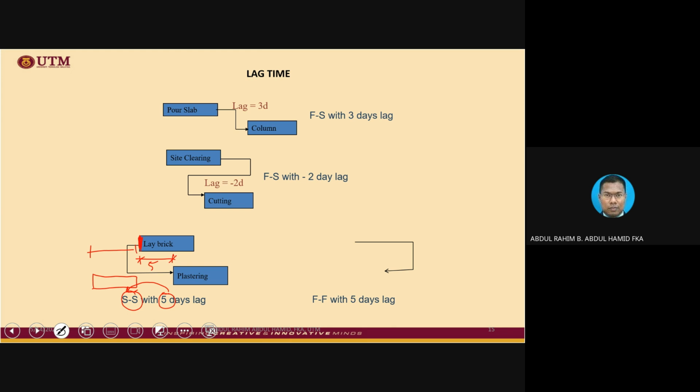But then it cannot be lay brick and plastering, which is not going to be logical. Okay, so we must basically use the activities which are logical. If we want to use start to start of -5, we can use that, and in some of the previous final exams, for instance, we do incorporate that kind of thing in order to demonstrate to the students that we can do that. Okay, certain activities could be ahead of whatever activities we put on the previous one.